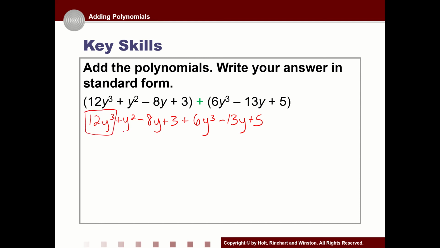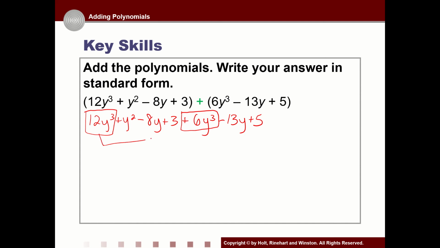So I'm looking for another term that has y to the third. Y squared, nope. Y, no. Y to the third. I'm going to keep the sign with that term, just like we did when we were rewriting in standard form. I need to know if that's a positive or a negative 6 when I combine it with my other term. And I'm going to keep looking, just a y, no y. So those are the only two y to the third terms we have.